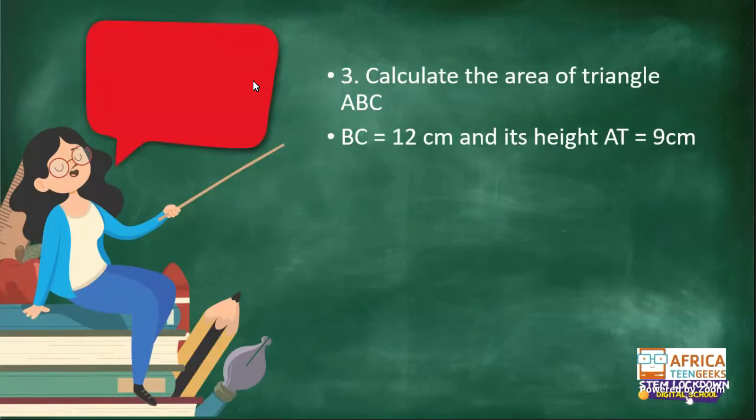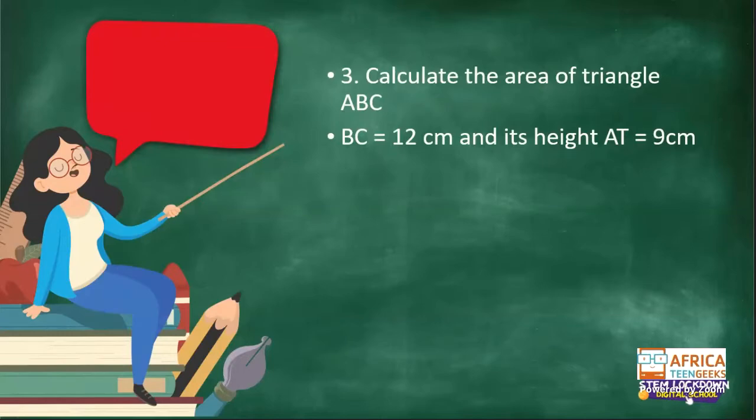Do it for you. And of course, I just want to remind you of the area of a triangle. Remember, you have done the area of a square already. You have equally done the area of a rectangle. Remember that the area of a triangle is given by the formula A is equal to half the base times the perpendicular height.